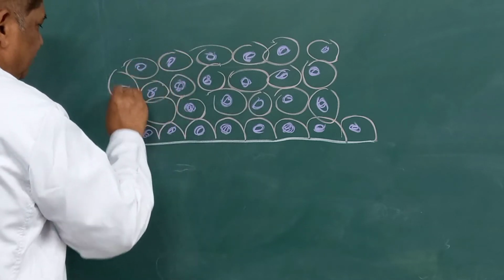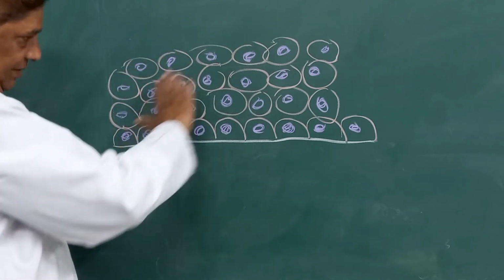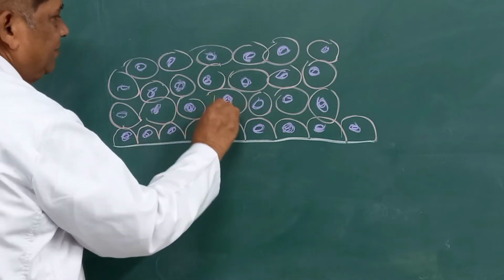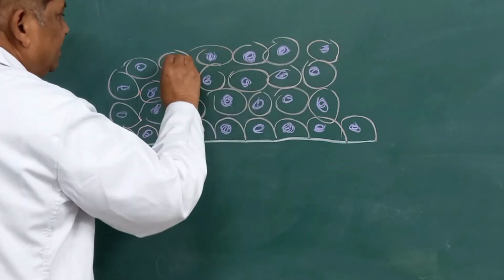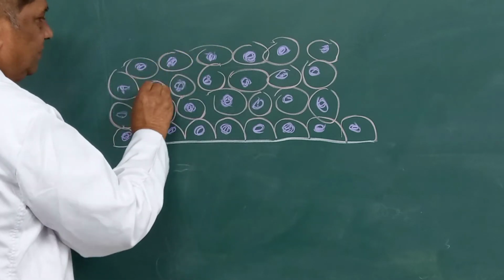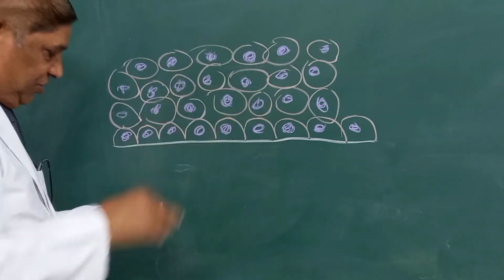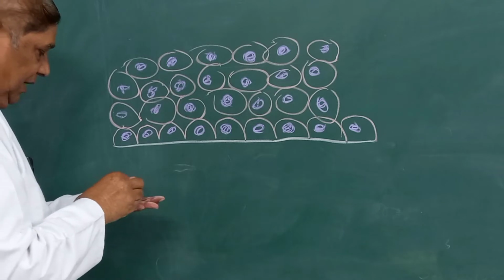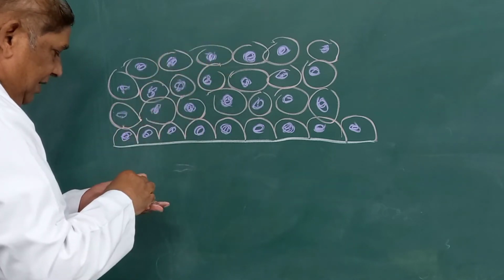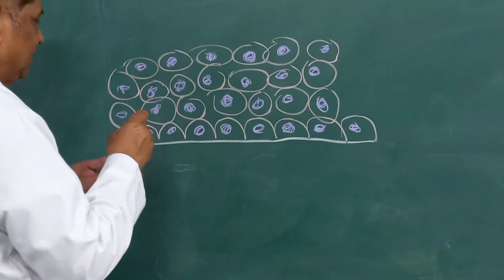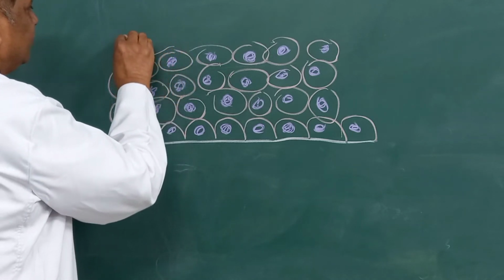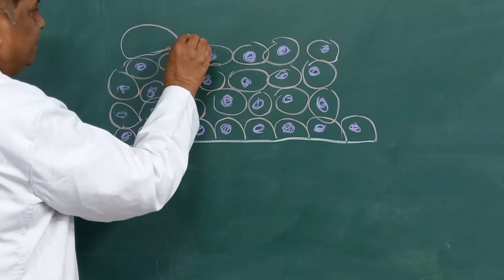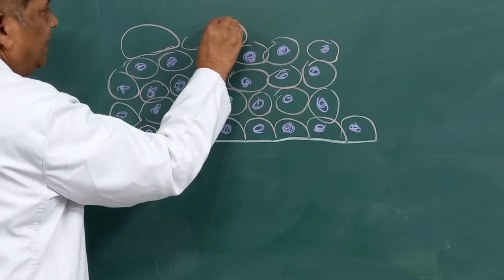Because we don't see the cell membrane here in the light microscope, we are totally dependent on the shape and size of the nucleus and imagine the shape and size of the cell. Now the topmost layer of the transitional epithelium has large cells which are called the dome-shaped cells or the umbrella cells.